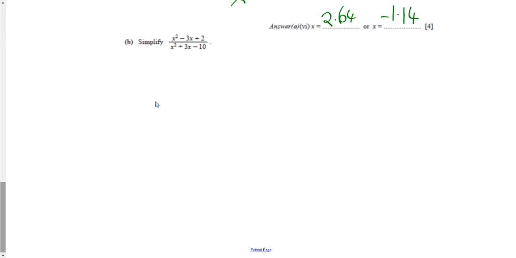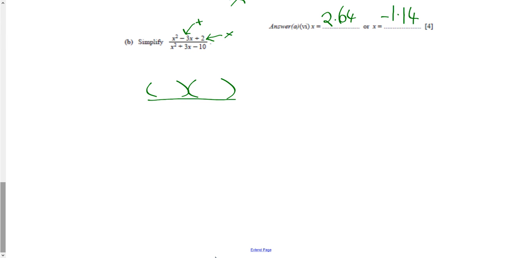Well, let's look at the top part first. Okay, so I'm going to factorise it. What I'm going to do is find two numbers that multiply to 2, and which also add to give me negative 3.